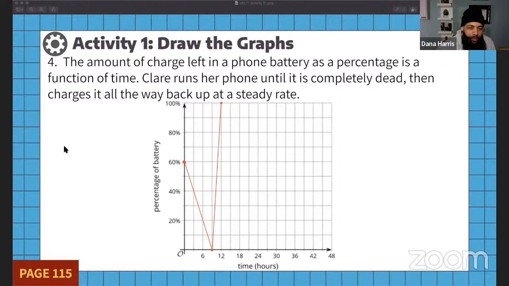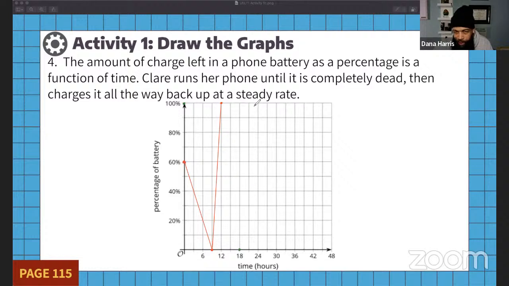We could do a different version of this. Let's draw a different color. Let's go green. Let's say her phone was at 100% when she started. So it can start right here. And let's say in this case it took 18 hours for her phone to run out. But it still may only take about 3 hours for her phone to charge.